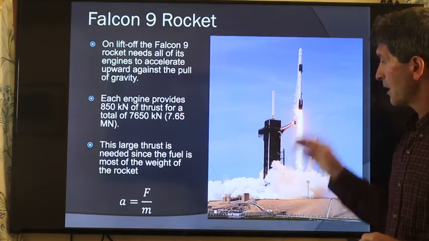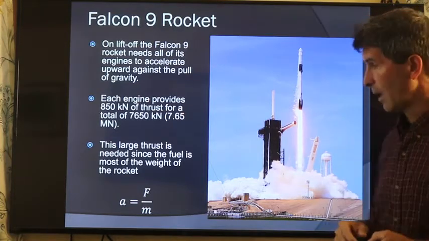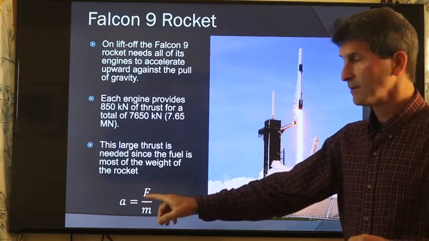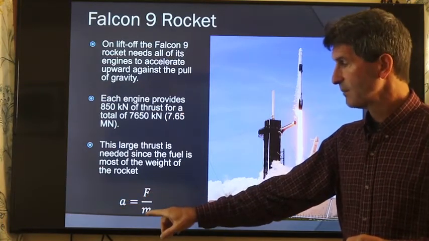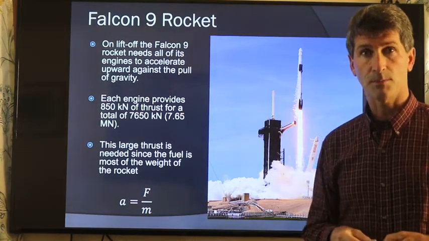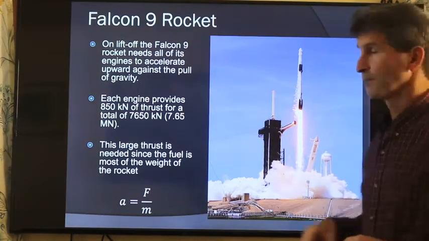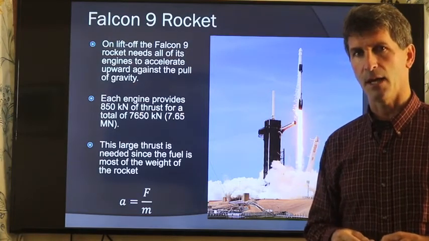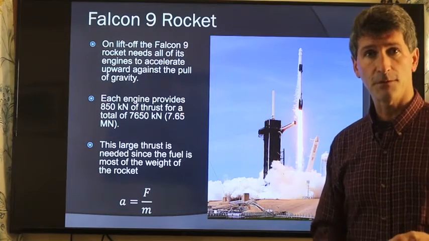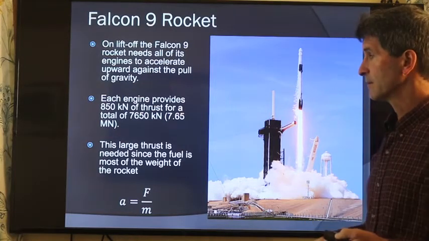Now, when it takes off, all 9 engines are firing. Why? Because to achieve any appreciable acceleration, they need the force from all the engines, because the mass, all rockets, are pretty much filled. The tanks, it's a liquid kerosene and liquid oxygen rocket. All the tanks are full of fuel and oxidizer. Okay?